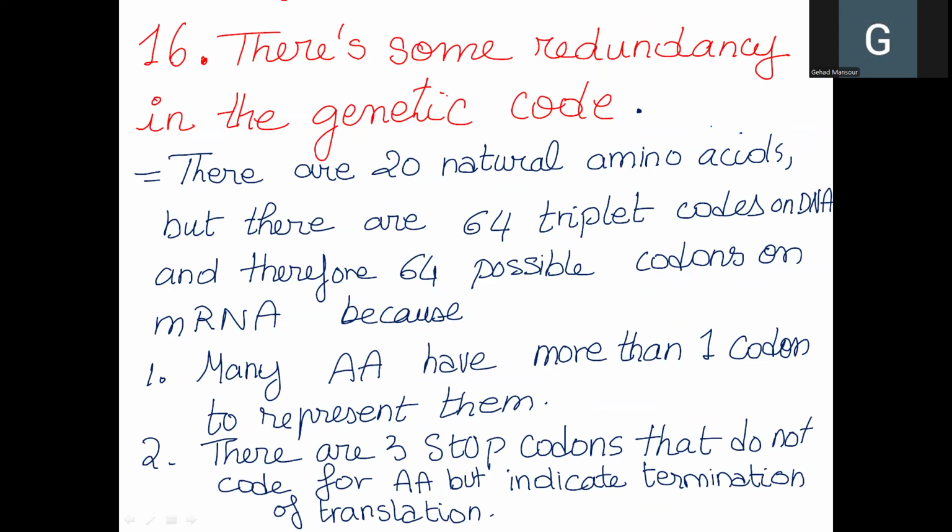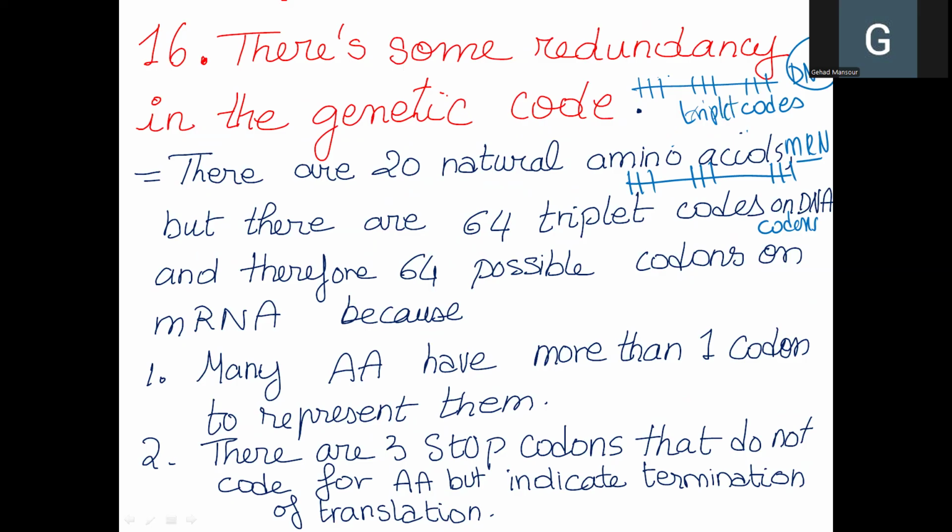Since we are talking about translation, then we are talking about the genetic code, because what is a genetic code? The genetic code is the sequence of triplet codes on DNA, or the sequence of triplet codons on its deputy, which is messenger RNA. So if you're talking about the chief genetic material, which is DNA, we say triplet codes.